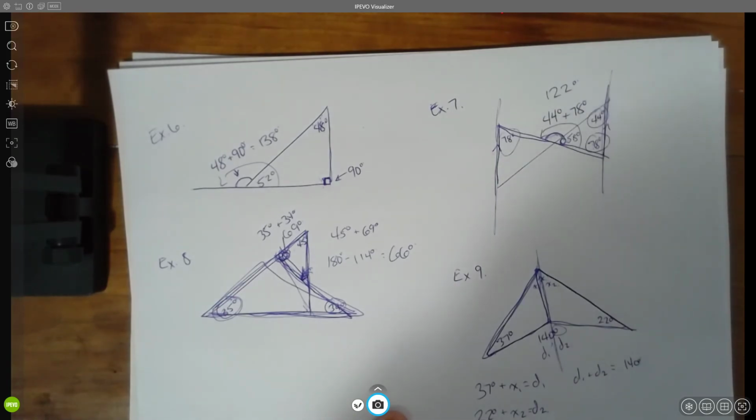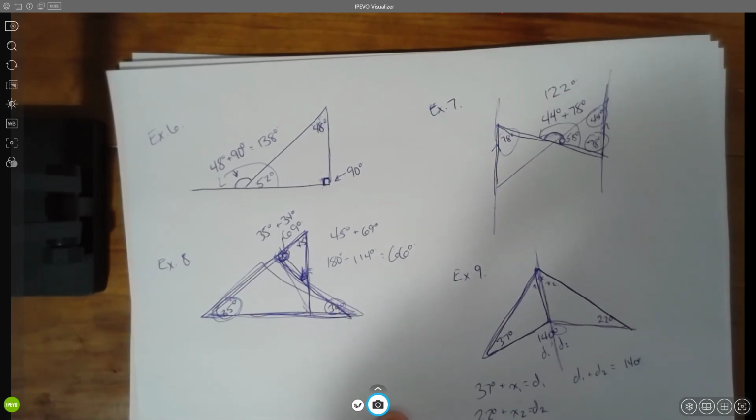Okay, well now this is something that's solvable. 37 plus 22 gives me 59 degrees plus X equals 140. Bring this to this side and subtract, and I'm able to now figure out that X equals 81 degrees.